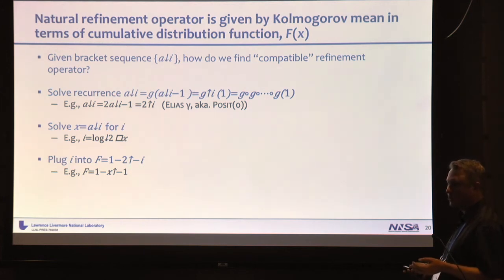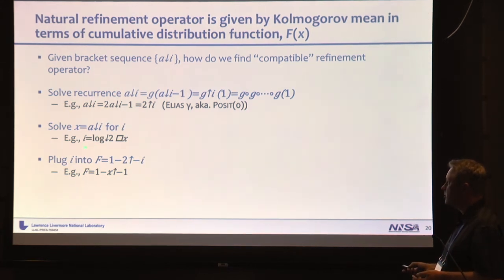The reason for this is that as we increase i, you output one more bit of information, but you also have the number of remaining numbers that you can represent. This turns out to be true for all these different number systems. If you have a specific i for your number system, then you plug that into this. And if we did this with this previous example, then the cumulative distribution function is 1 minus 1 over x, essentially, for that particular case.